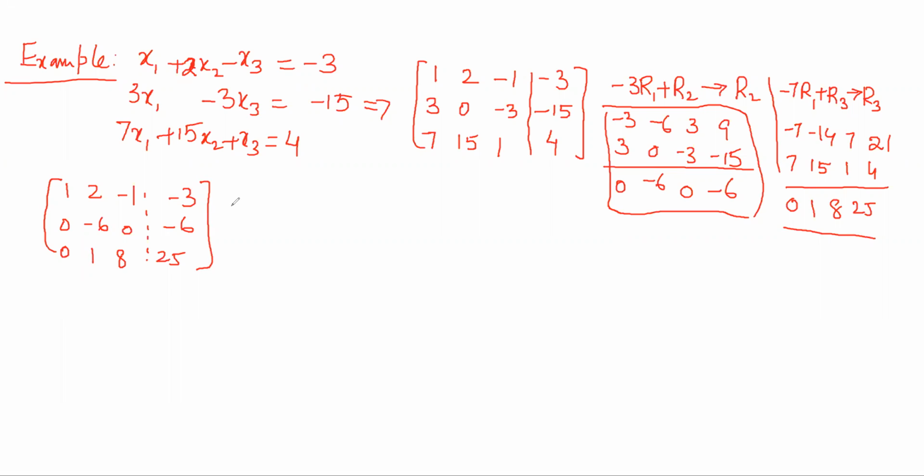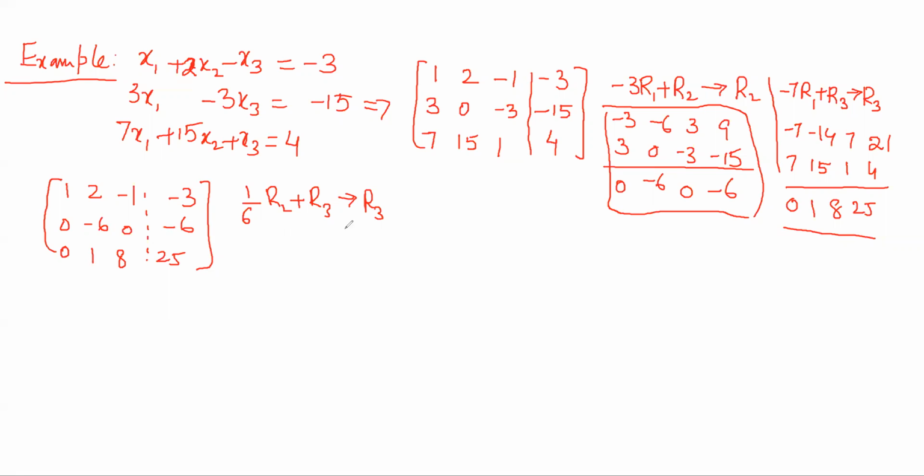So what row operation will I choose? I will take 1/6 of row 2, and then I will add it to row 3. So that will be the new row 3. I will take 1/6 because then it will become -1, and then -1 plus 1 will be the 0.